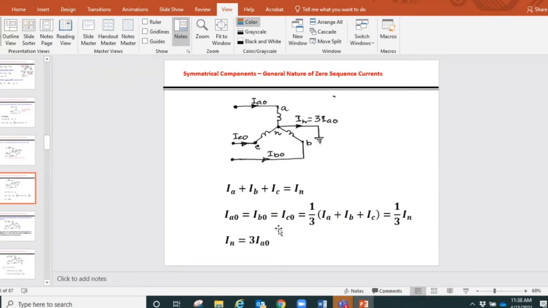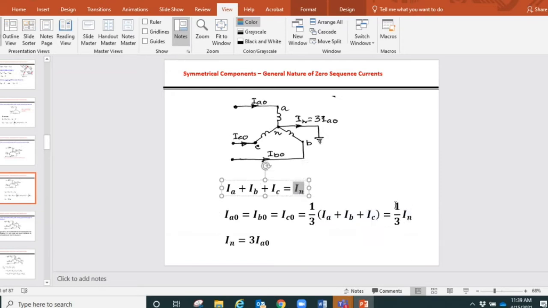This is the same diagram that I copied and pasted, because it helps us to see, otherwise I would have to go back to the previous slide and show it. Again, we know that the three-phase currents IA, IB, IC give us the neutral current. From previous discussion, we know that IA0 is equal to IB0 is equal to IC0, which is also equal to 1/3 times IA plus IB plus IC, from symmetrical component analysis, and IA plus IB plus IC is equal to the neutral current.